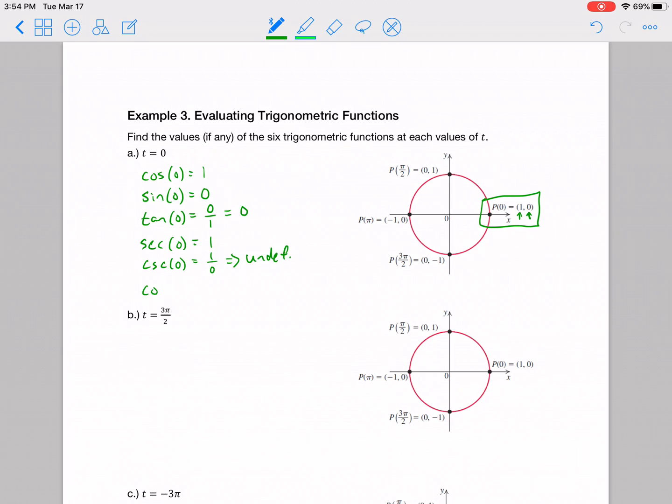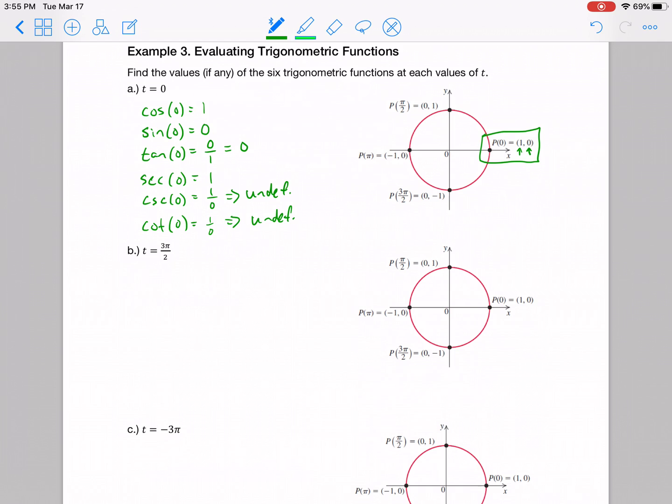And then cotangent of 0 is the reciprocal of tangent, which was 0 over 1, becomes 1 over 0, which is also undefined. So for some of these, we're going to end up with results that just don't work. They break our machines for that.